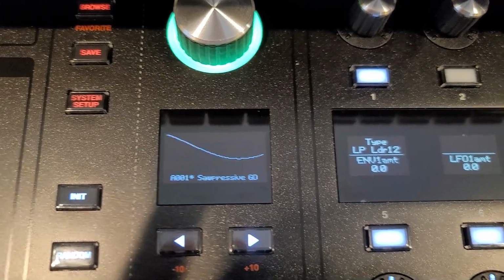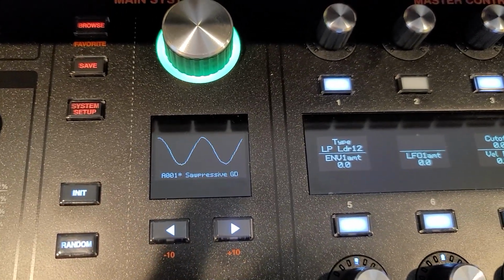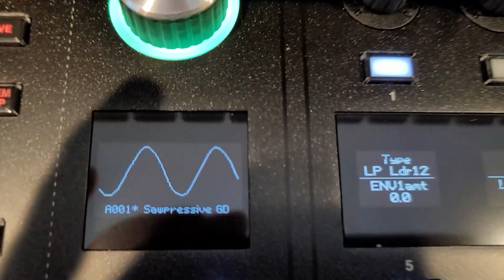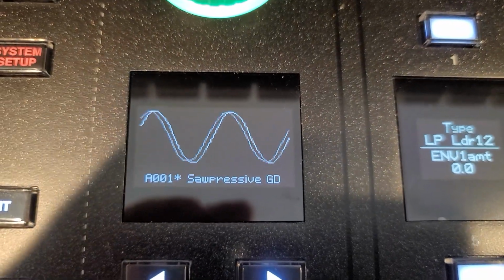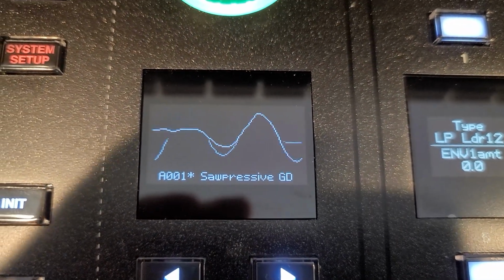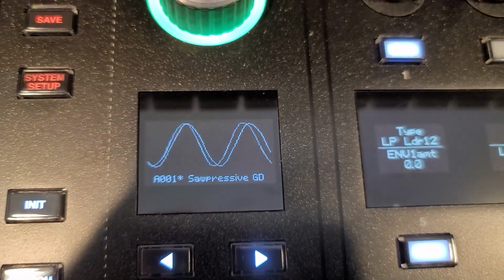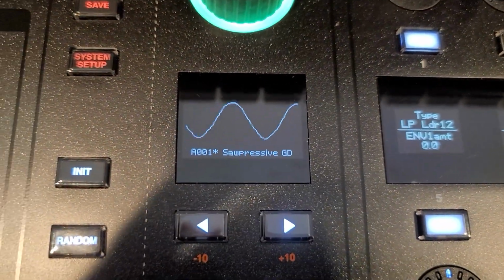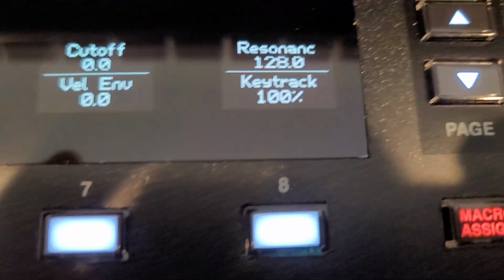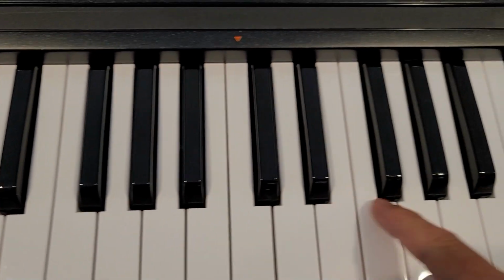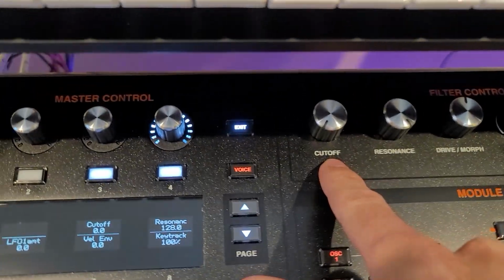If I play higher notes, and if you look closely, that's a sine wave. So what we're doing is by using key tracking. Now key tracking takes the input of what note we're playing and offsets the cutoff.